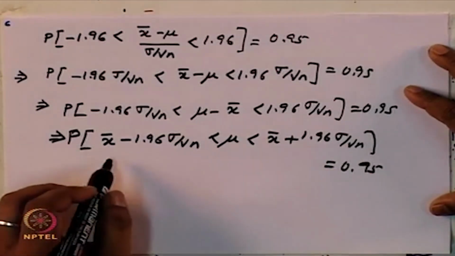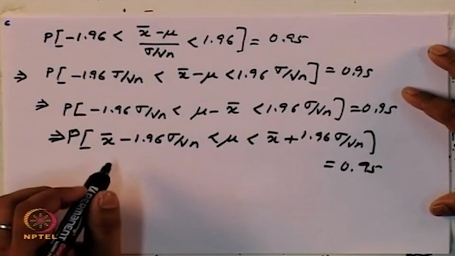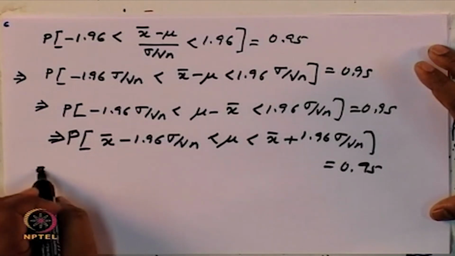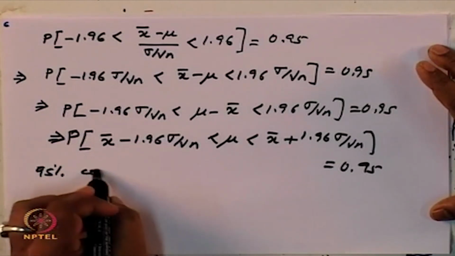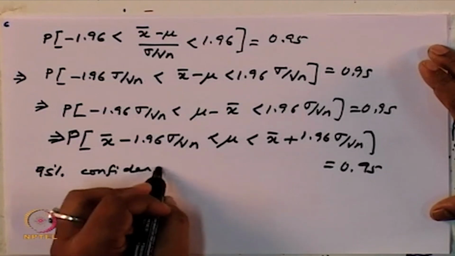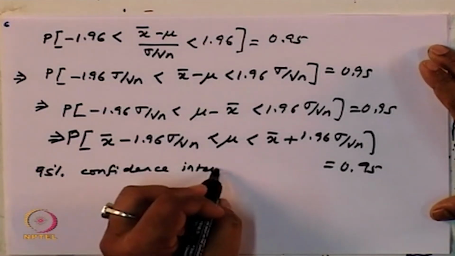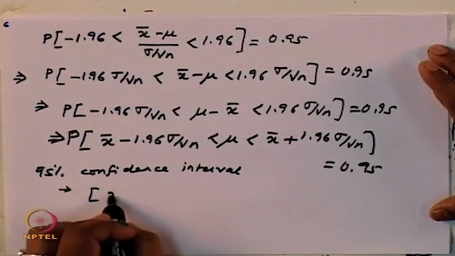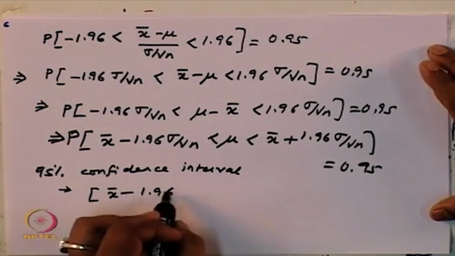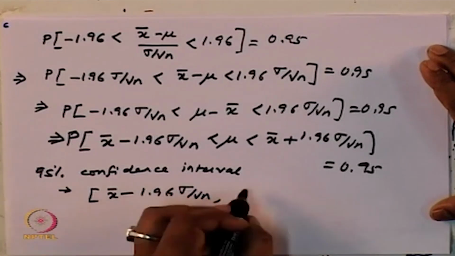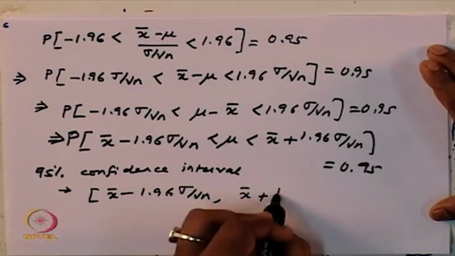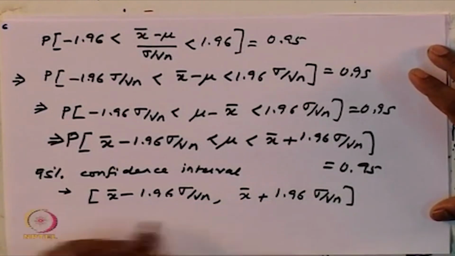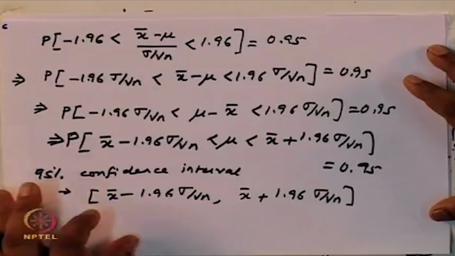So, in other words, the 95% confidence interval is the range given by x bar minus 1.96 sigma by root n to x bar plus 1.96 sigma by root n. This is called the 95% confidence interval.